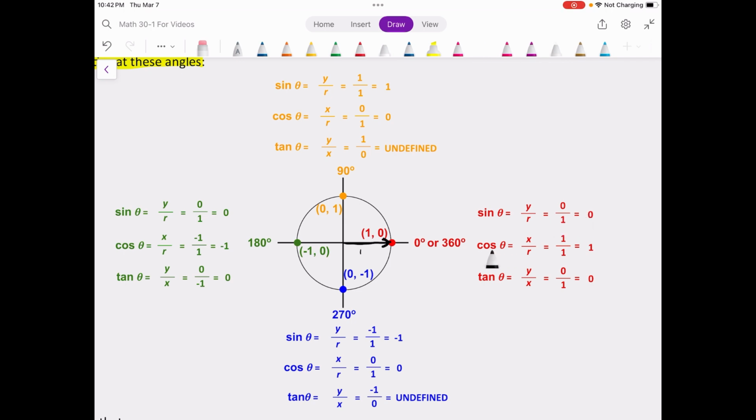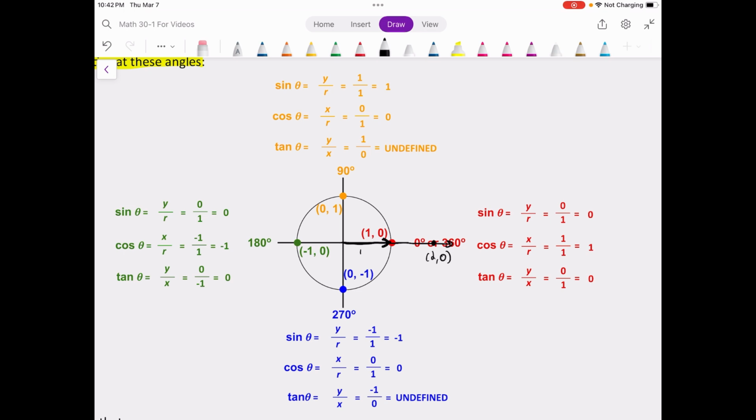Now, what would cos of theta be if 0 is our theta? Well, cos of 0 is going to be x over r. But x is 1 here, r is 1 here. And again, we could extend this beyond. What about if our terminal arm goes through the point (2, 0)?